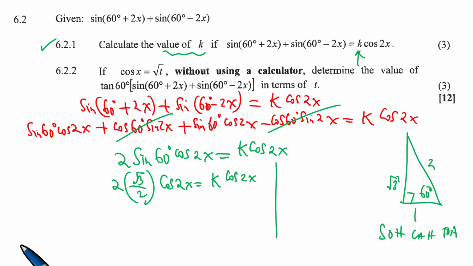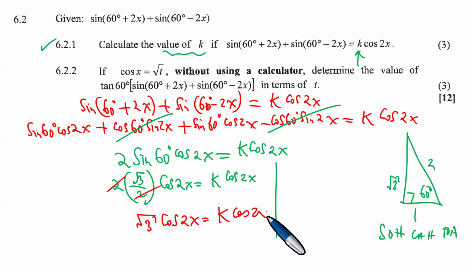What do we do next? You divide k cos 2x by cos 2x. You can always do that. Good. The 2 cancels out first, giving us the square root of 3 cosine 2x equals k cosine 2x.